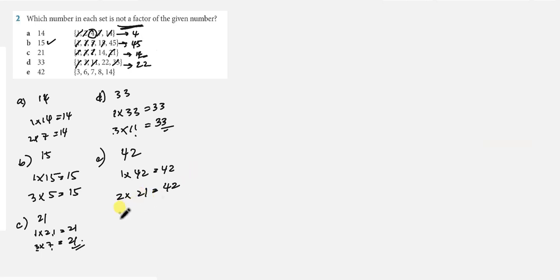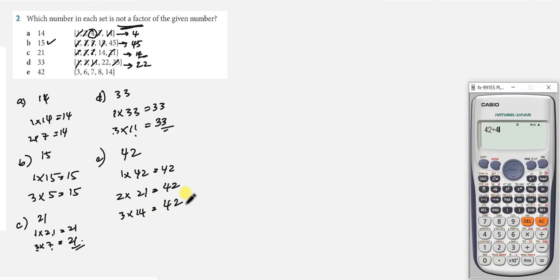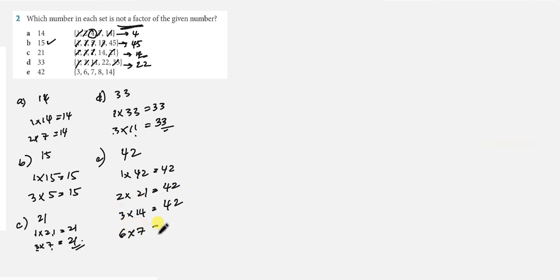Yes, so 3 times 14 is equal to 42. 42 divided by 4. 42 divided by 6. Yes, 6 times 7 is equal to 42. So we have 1, 2, 3, 6, 7, 14, 21, 42.